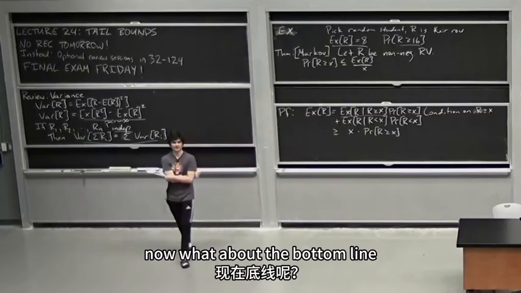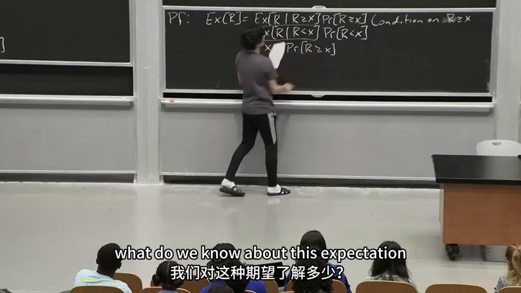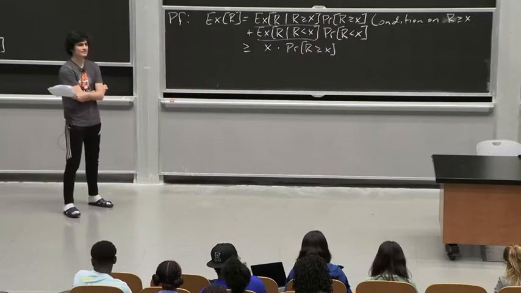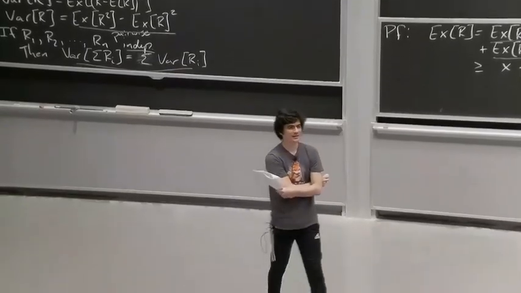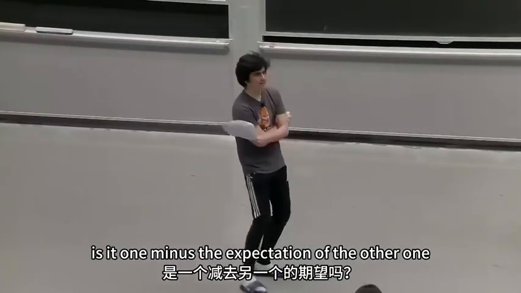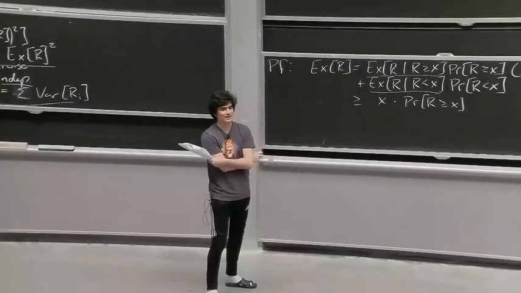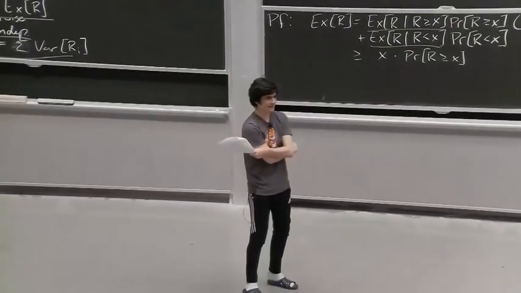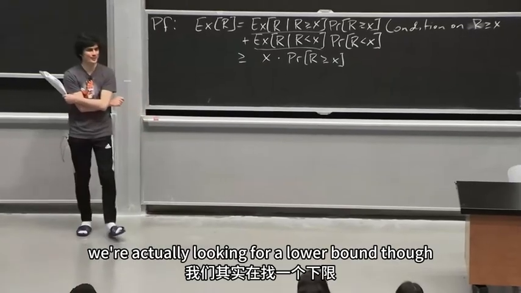Now, what about the bottom line? What do we know about this expectation? Is it 1 minus the expectation of the other one? No, the probability is 1 minus the other probability. The expectation does not work like that, though. It is at most x, that is true, but we're actually looking for a lower bound.